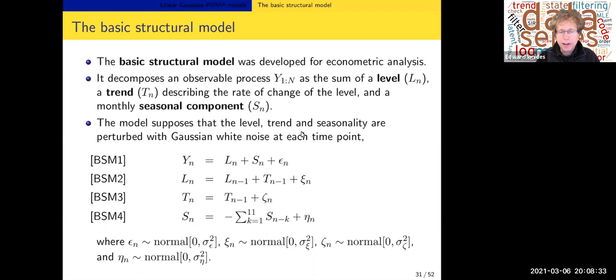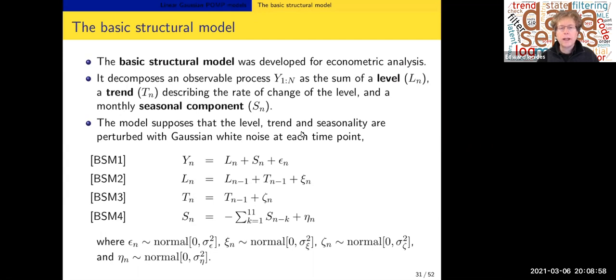Y_n is l_n plus s_n plus its own noise term. l_n increases each time point by the trend plus noise. The trend carries out a random walk according to this model: t_n is t_{n-1} plus zeta_n. And the seasonality does something a little interesting.